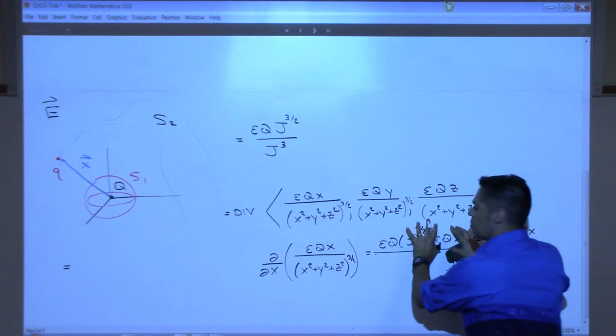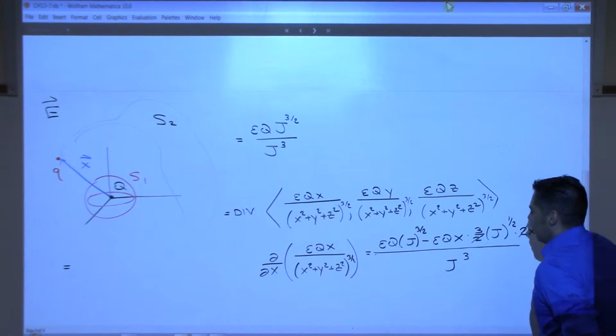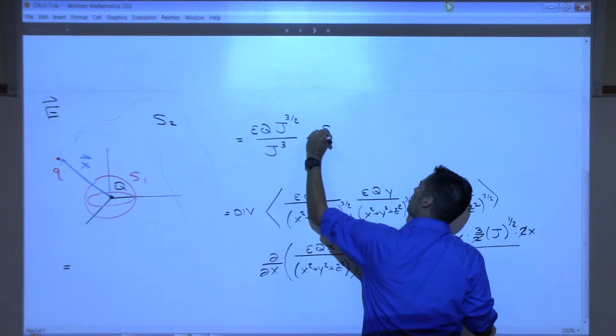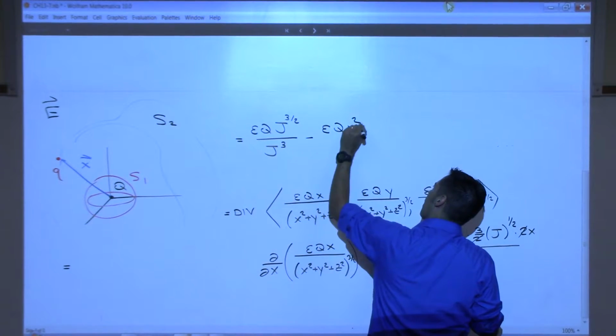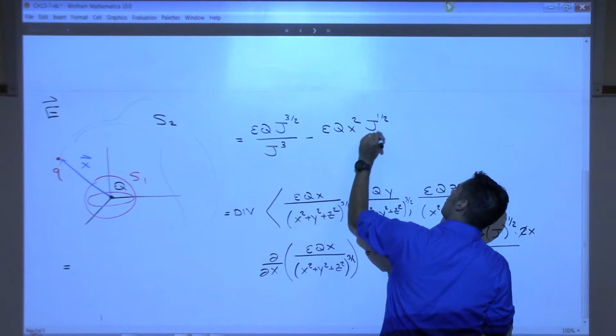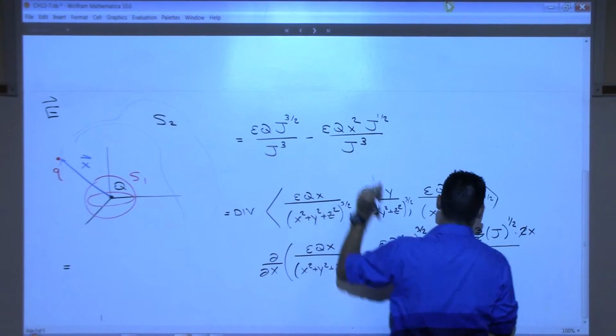I'm splitting this up into two fractions, okay? Then I have minus epsilon q x squared junk to the 1/2 over junk cubed.